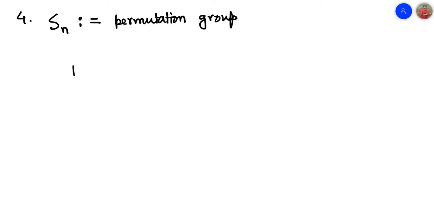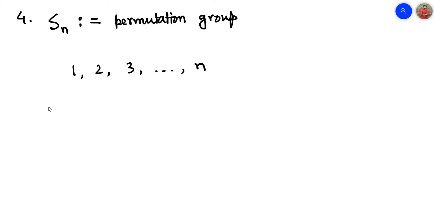Let us now talk about a more complicated group, which we denote by Sn and is called the permutation group. This group is an ordered set of n objects. So if we write 1, 2, 3 up to n, then all the permutations of this set will be the members of this group.